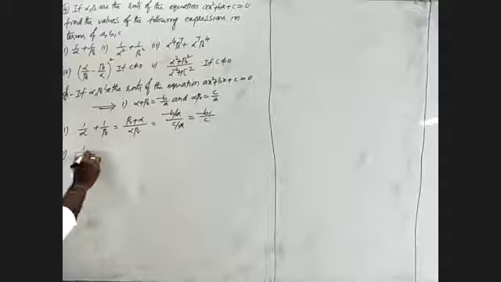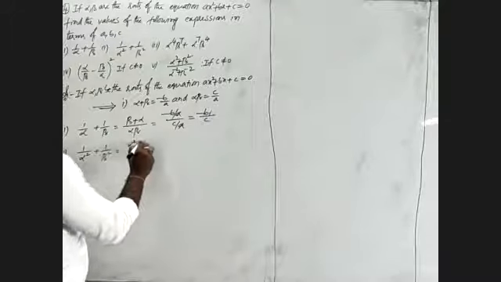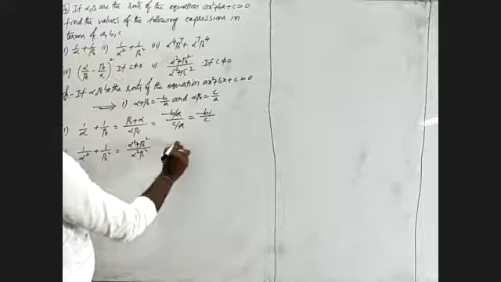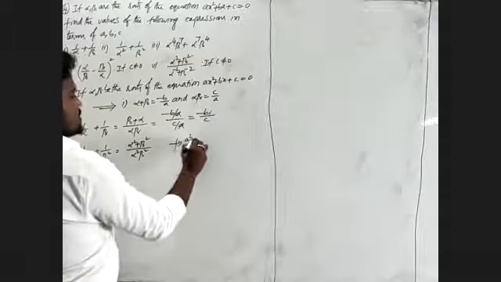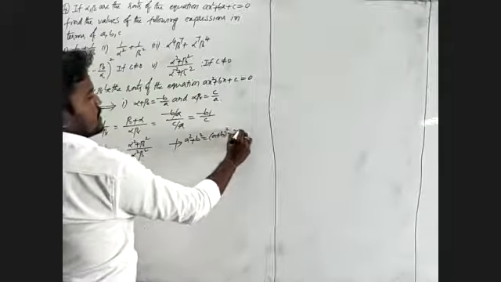Now I am going to the second one, 1 by alpha squared plus 1 by beta squared. By cross multiplication, alpha squared plus beta squared by alpha squared beta squared. You know the formula: a squared plus b squared is a plus b whole squared minus 2ab.